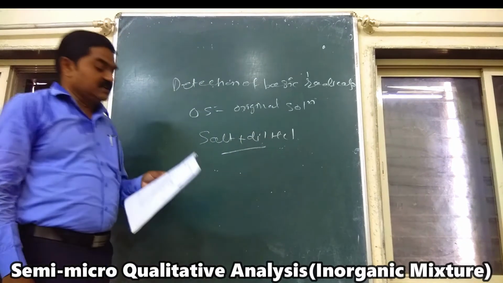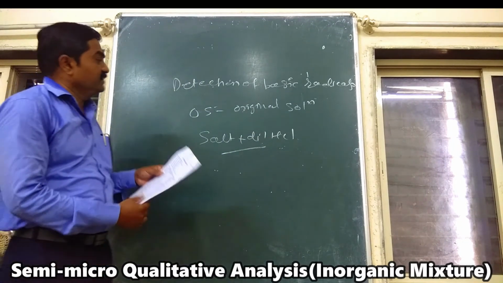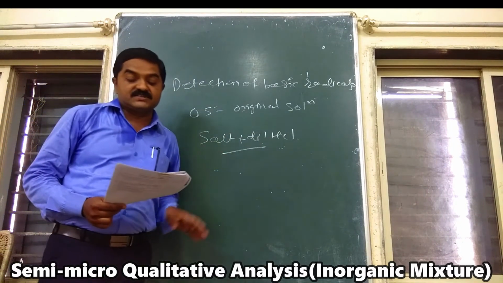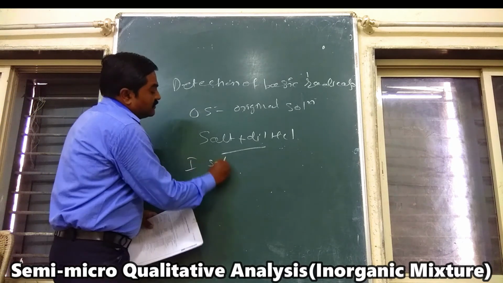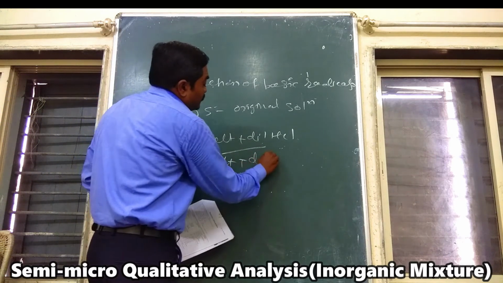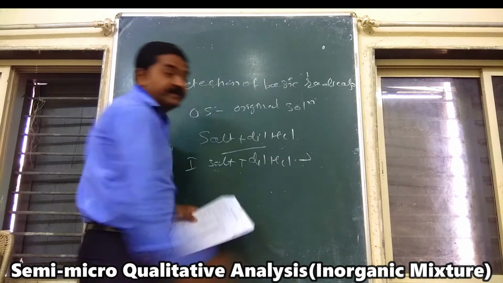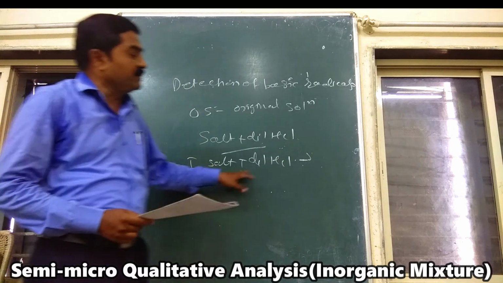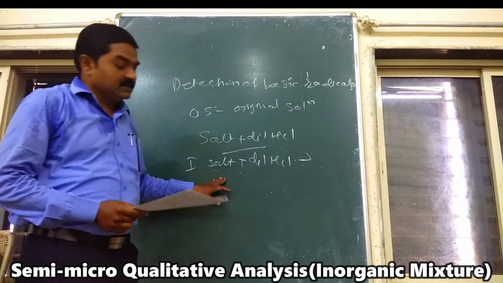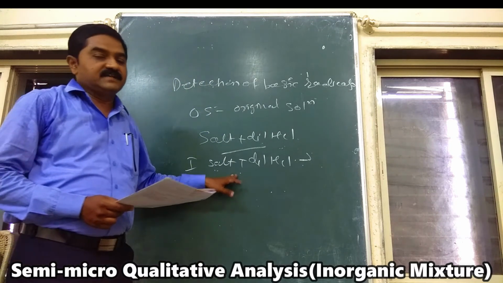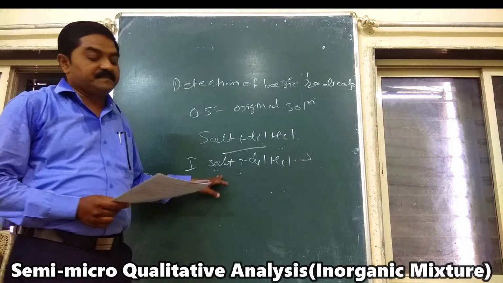There are again group tests, observations and inference. In the first group, salt plus dilute HCl, if a white PPT appears, the first group may be present. If the first group is present, you should perform the first group test to find which elements are present there.